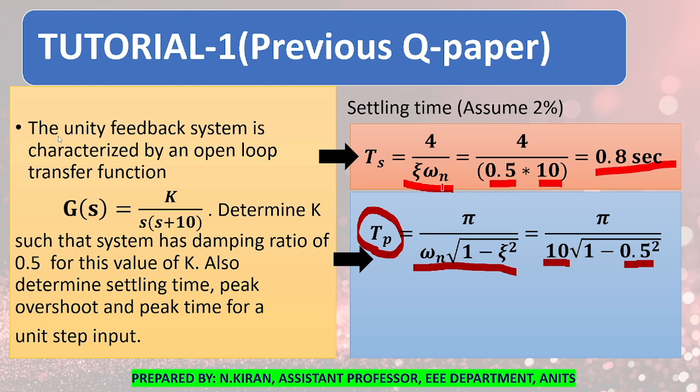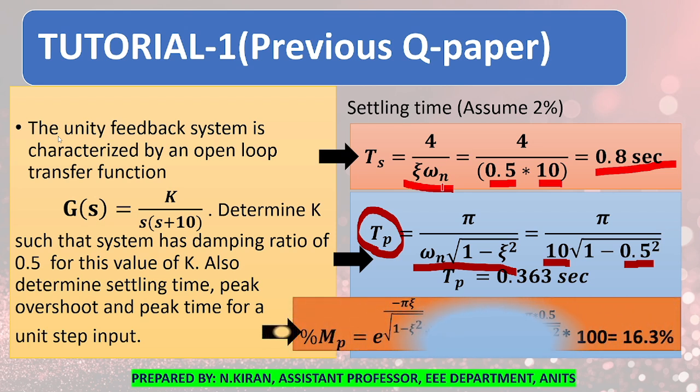That will lead my peak time tp to be 0.363 seconds. And lastly, peak overshoot, you know the formula, it is e^(−πζ / √(1−ζ²)) into 100. Zeta is 0.5, and if I substitute in the formula, that will give me the percentage Mp to be 16.3%.